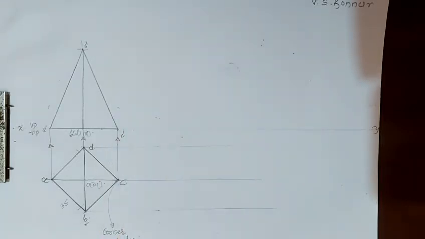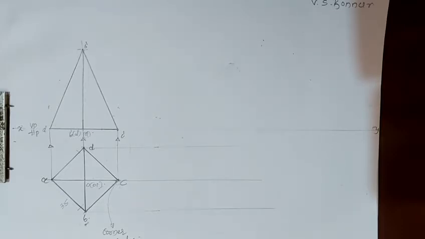If it is resting on one of its slant triangular faces, it means it is resting on one of its edges. So in the problem, if they give that it is resting on one of its slant edges, you should draw the pyramid in terms of the corner. If it is resting on one of its slant triangular faces, then you have to draw with the help of the right side edge. Now it is resting on one of its slant edges, because of that it is resting on one of its corners.